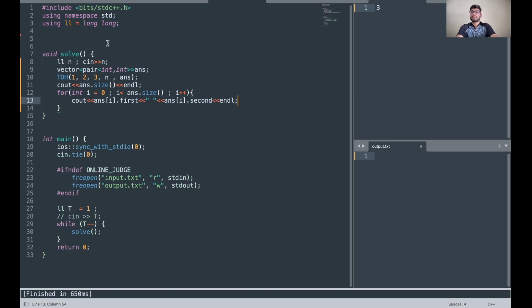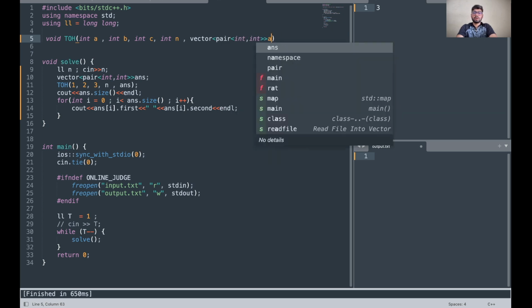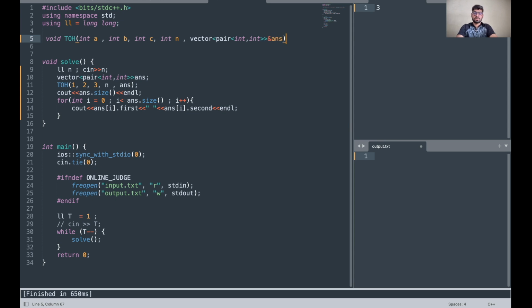Now I just have to write my TOH function. So int a, int b, int c, int n, and vector of pair int, ampersand answer.